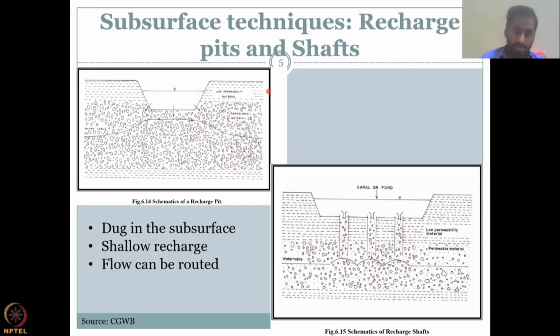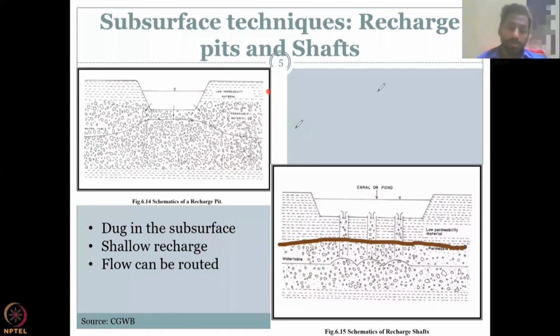So let's look at this example. Normally it is a combination with a recharge pit. So you have a canal or pond, or a recharge pit, and initially the water was only recharging in the shallow aquifer, let's say. Now you want the water to go into the deep aquifer. However, there is an impervious layer here, so the water doesn't move.